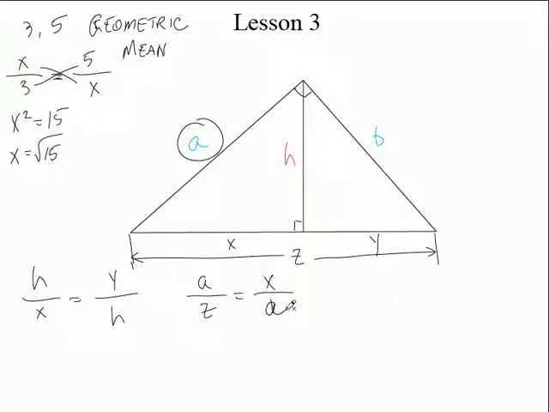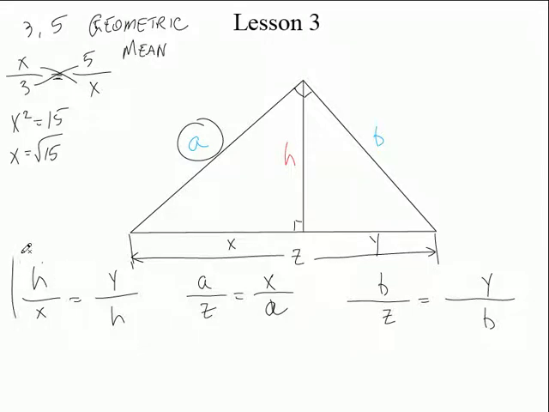Now B is kind of like the same thing, except now B is the geometric mean between the whole thing, Z, and the segment that's closest to B this time, which is Y. And that's how you set it up.